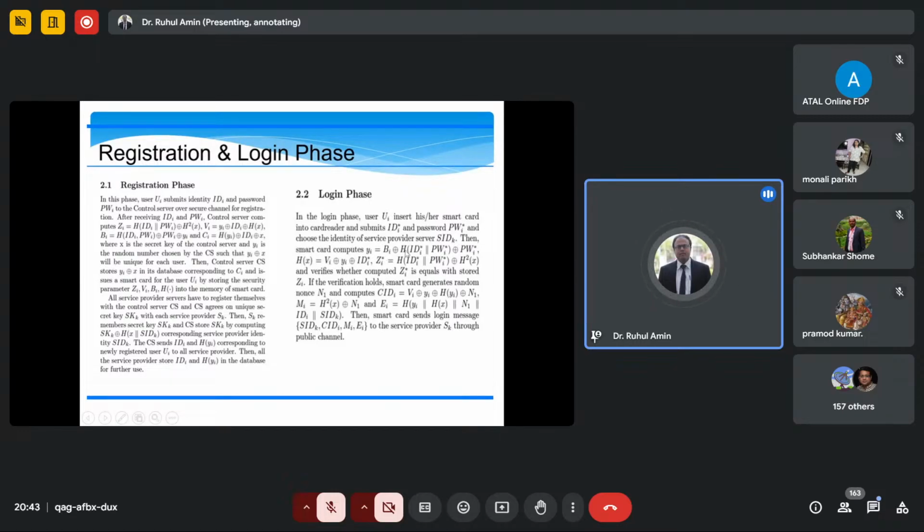After that, this information is computed by the smart card, and finally it checks whether the password provided by the user is correct or not. If it is correct, it will generate a login message. That means a message will go from the user side.